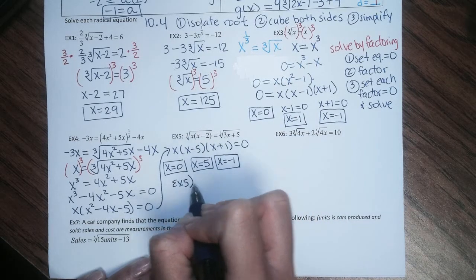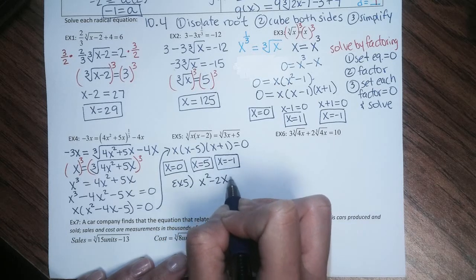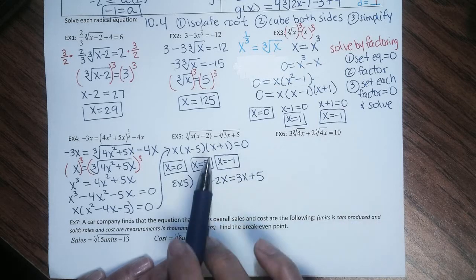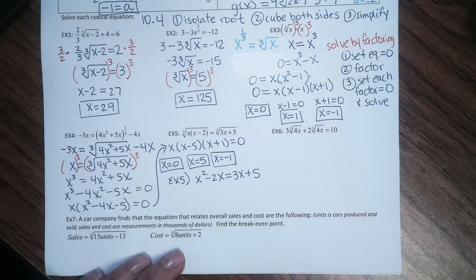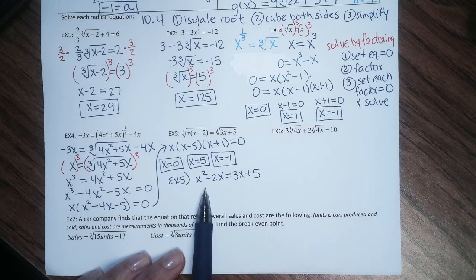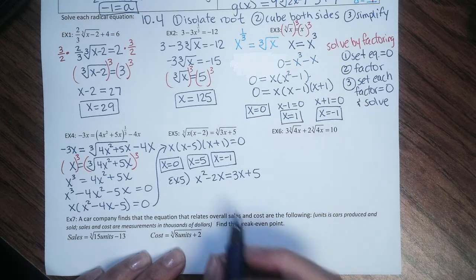Example 5 is just going to be x squared minus 2x equals 3x plus 5. If you just get rid of those cube roots, you end up with x times x minus 2. So here it is: x squared minus 2x equals 3x plus 5, and then just repeat the process. Set the equation equal to 0, factor, and solve.